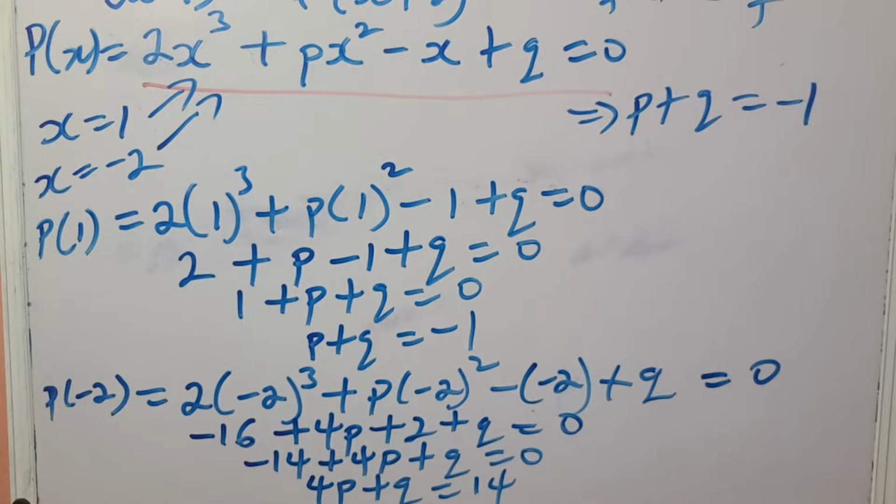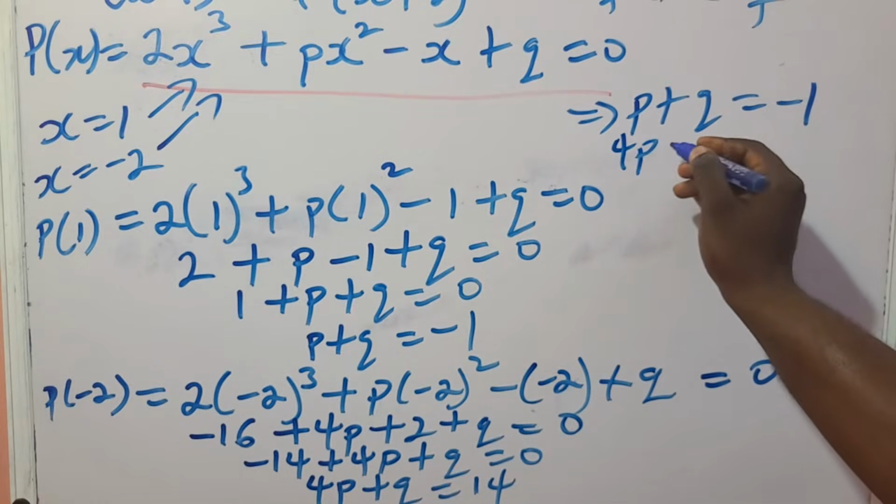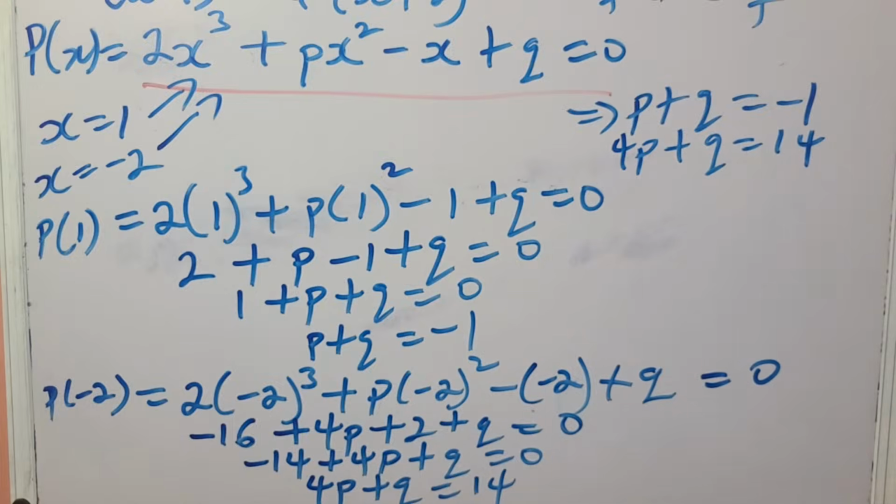All right. Now this is my second expression, which I got when I fixed in the value of x equals 2. Now, I want to put both of them together now. I have 4p plus q equals 14.